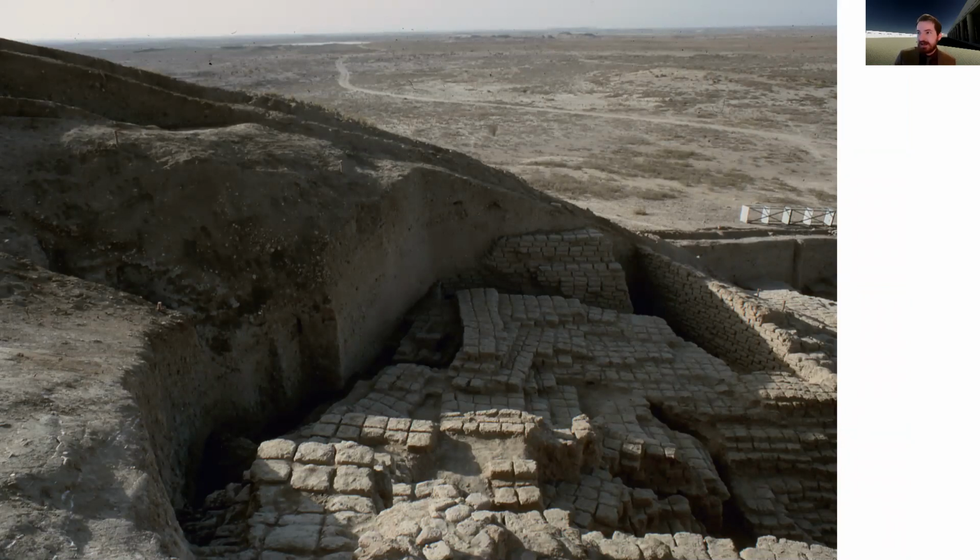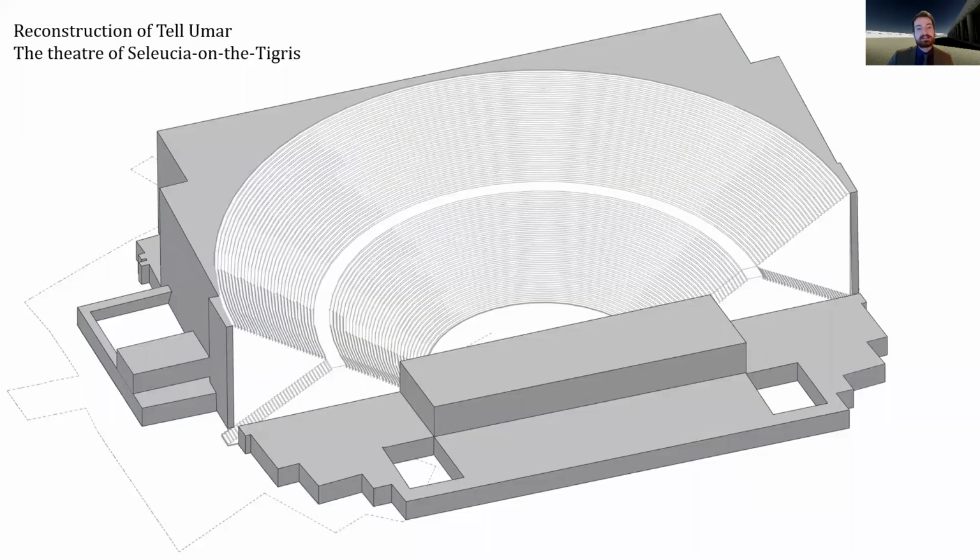You can see part of right here corresponds to one of the corners of the site as the cavea comes down. And in the 1960s, the Italians came and excavated the site, and they produced some of these amazing 3D models of the site. So you can see here the cavea.